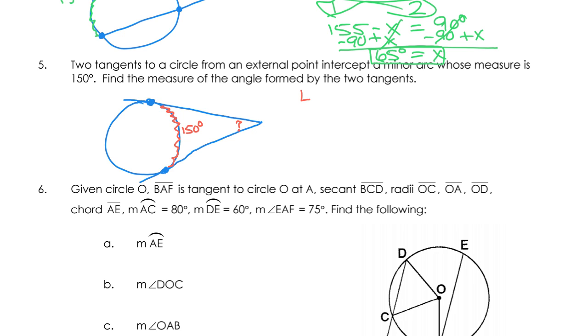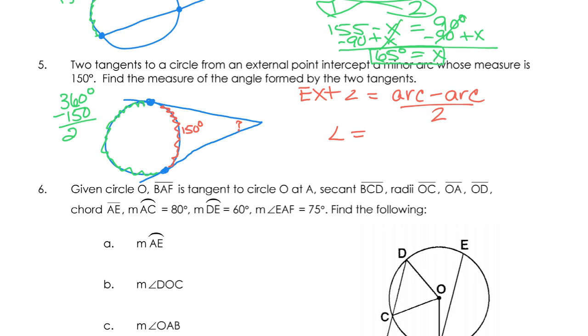Exterior angle equals arc minus arc, divided by 2. We're looking for the angle, so we'll leave that. We don't have the big arc, but the big arc and the small arc form the whole circle. So 360 degrees, take away the 150, leaves 210 degrees for this arc here.